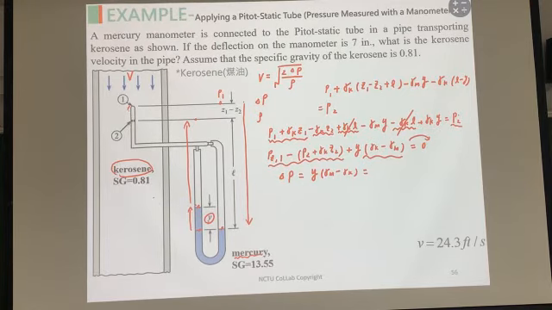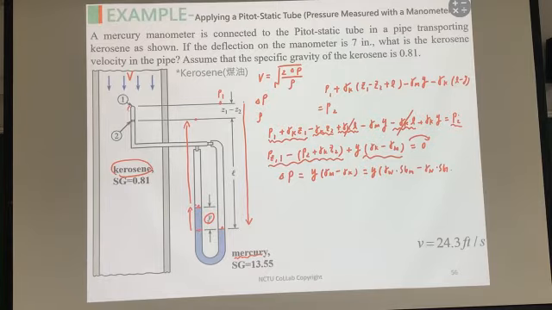And we know the question only tells you the SG, specific gravity numbers, in here. So we can rewrite this as Y, inside is gamma W because it's mercury. Mercury is SGN, and minus gamma W. Gamma W is water, okay?